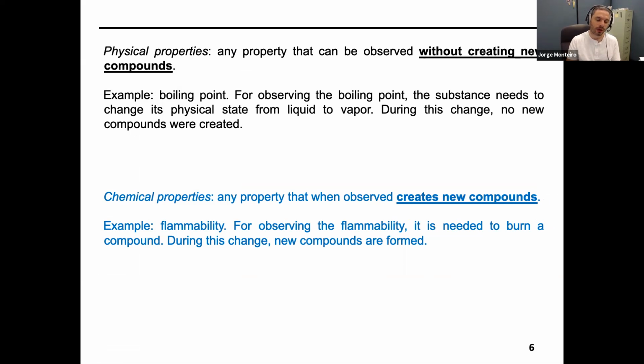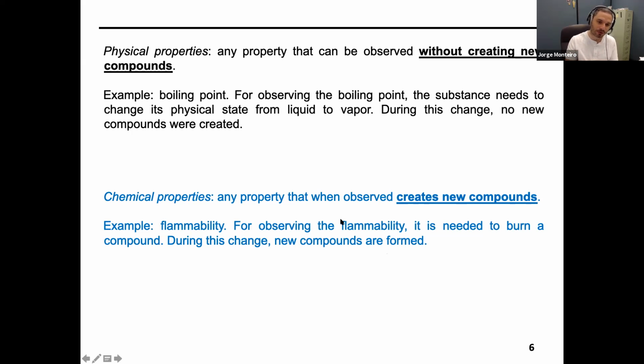Okay, so every time you have a physical property or a physical transformation, that's going to be something that happens without producing new compounds. Okay, so look at the whole system at the beginning and the whole system at the end. No new compounds produced. That means a physical transformation or a physical property.